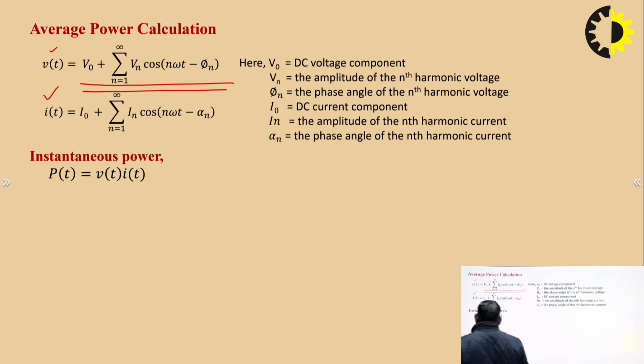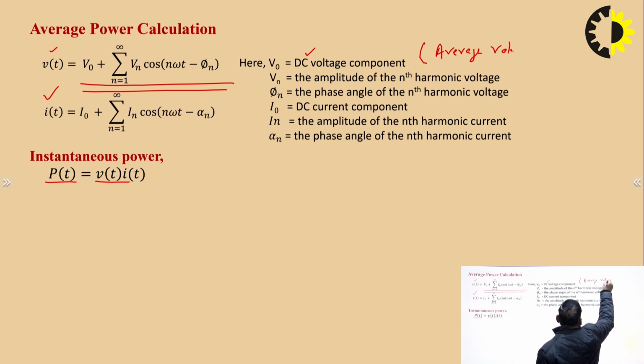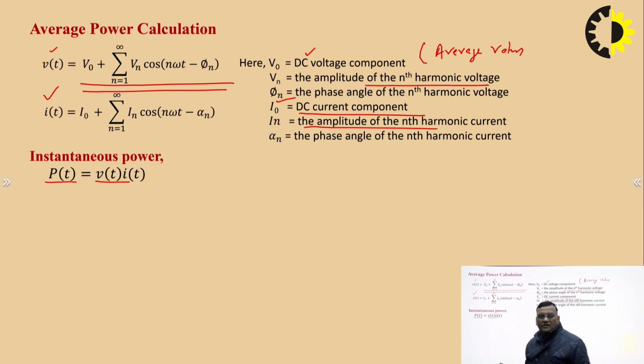Instantaneous power is p(t) = v(t) i(t). Here V0 is the DC voltage component, or the average value. Vn is the amplitude of the nth harmonic, and this is the phase angle of the nth harmonic voltage. This is the DC component or average value of the current, this is the amplitude of the nth harmonic current, and this is its phase angle.